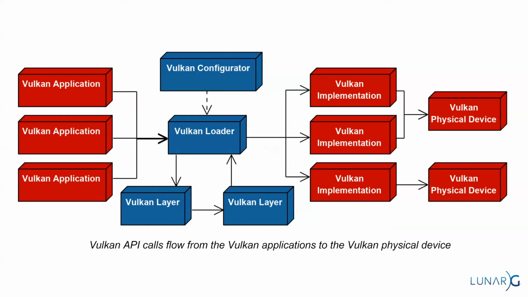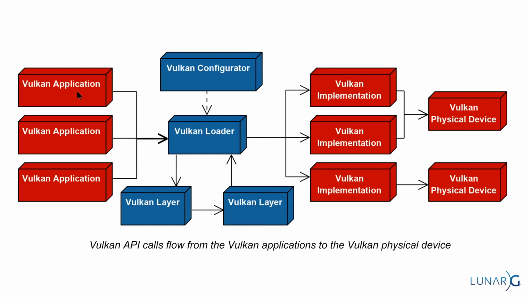First, just to be sure that everyone understands what we are talking about, this is a diagram that shows how the Vulkan application API calls go through the pipeline of different components of the ecosystem.